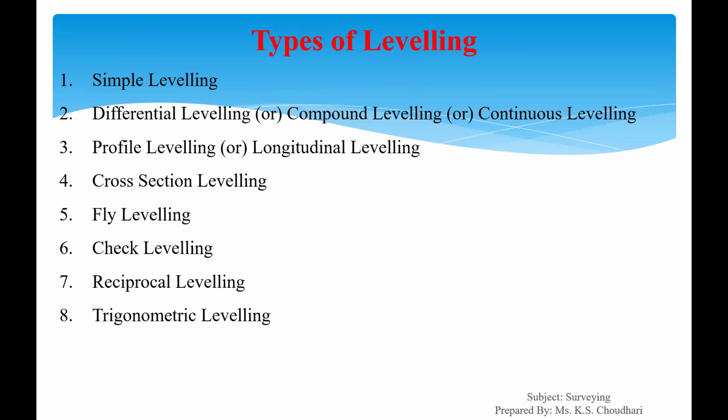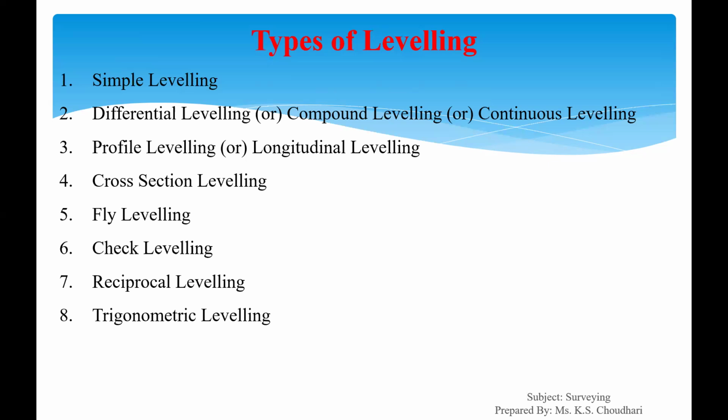Now, the types of leveling. There are many types of leveling. We will understand them one by one. Number one is simple leveling. Number two is differential leveling. It is also called compound leveling and continuous leveling. Number three, profile leveling.